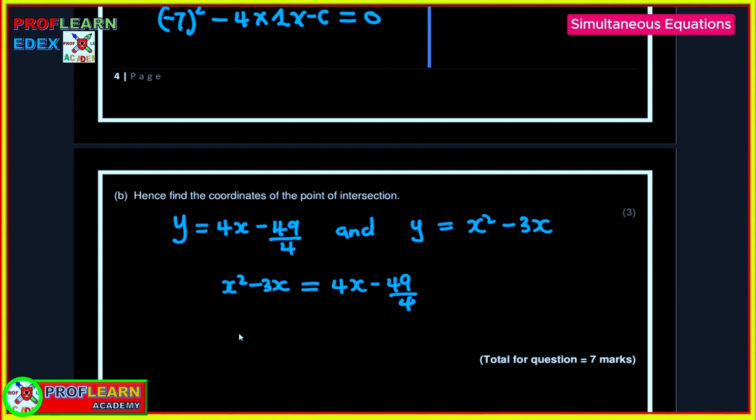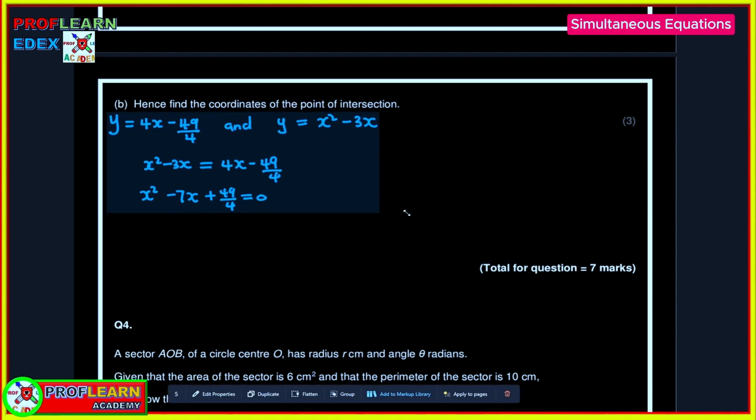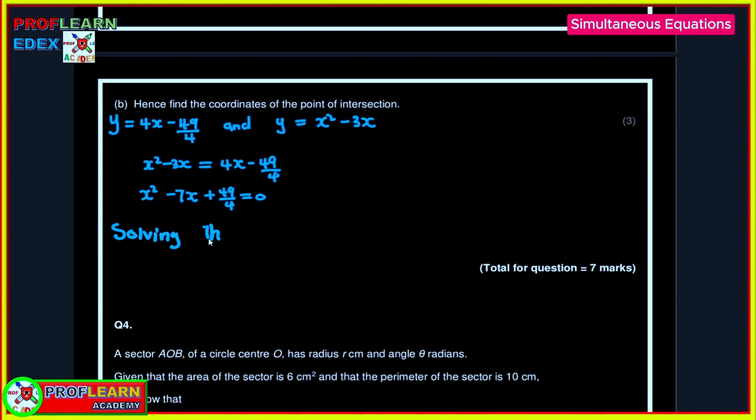Now, using substitution, we are in a position of forming an equation which we can solve, and solving this, we are going to get the value of x being 7/2. You can see now, since it's a quadratic, it has two solutions, but these are two repeated roots. That's why we were told that it meets at exactly one point. So x is 7/2.